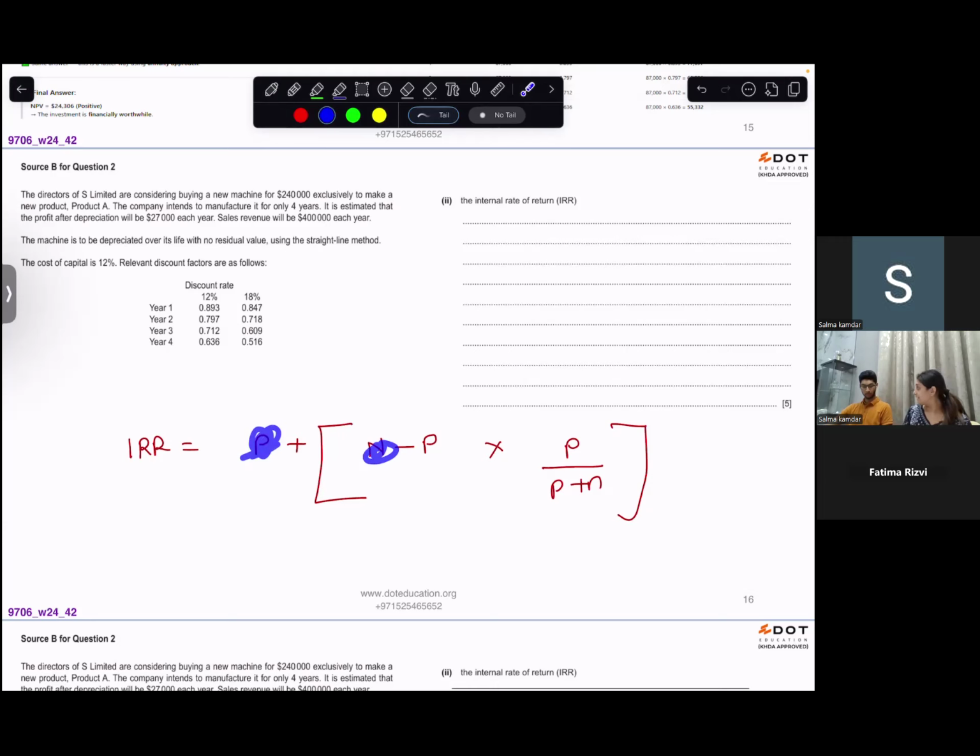The capital N is the rate of negative NPV, the negative discount rate. Small p and small n are the positive NPV and the negative NPV. I hope you're with me.